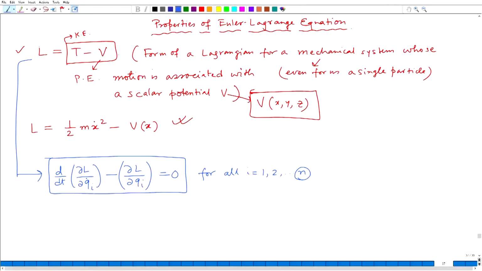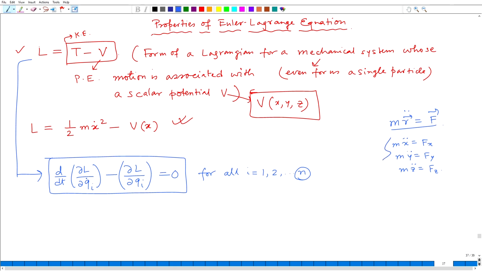For example, if you start writing Newton's second law, in general you get m r double dot is equal to f. If you decompose it in Cartesian coordinates, then you have m x double dot is equal to f x, m y double dot is equal to f y, and m z double dot is equal to f z.